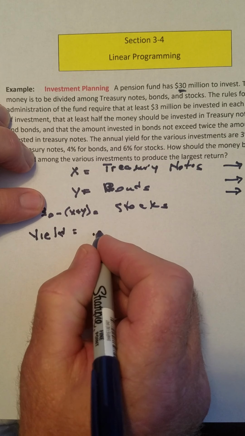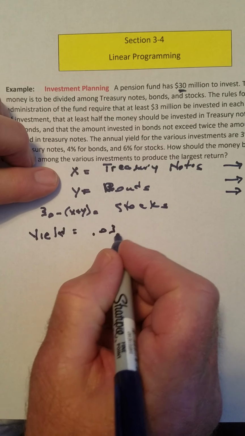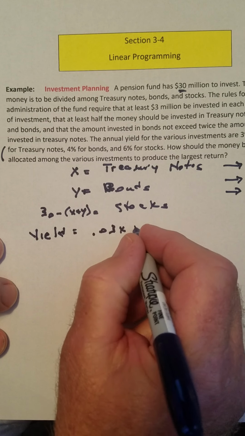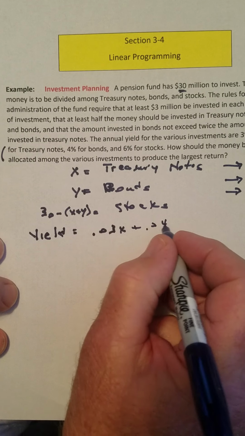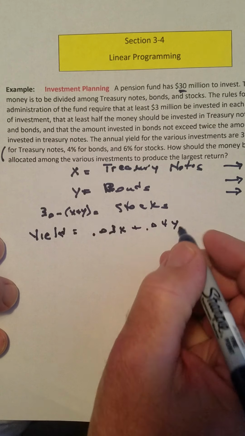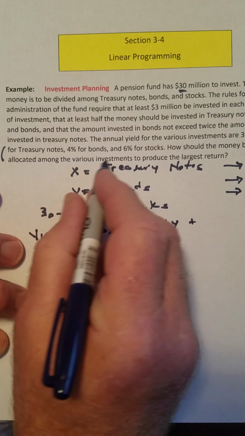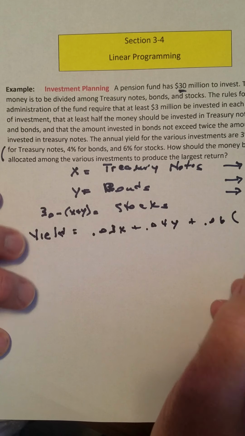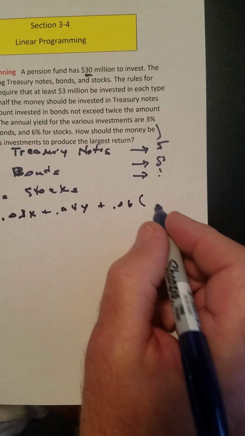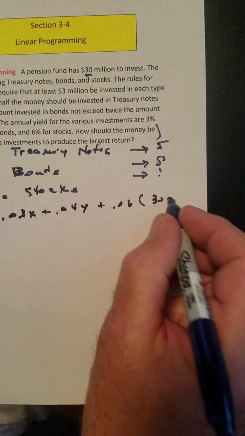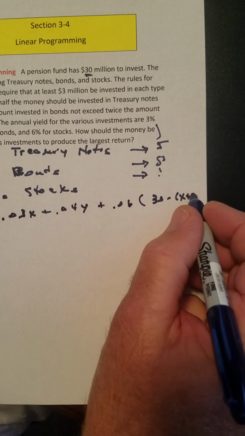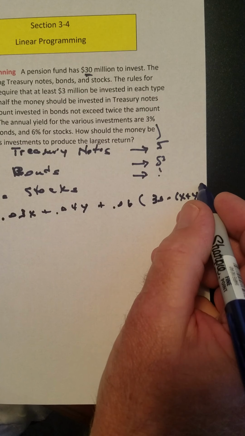So that's going to be 0.03x. 4% for bonds. And 6% for the rest of it, which was that 30 minus, I'm going to have embedded parentheses here, X plus Y.